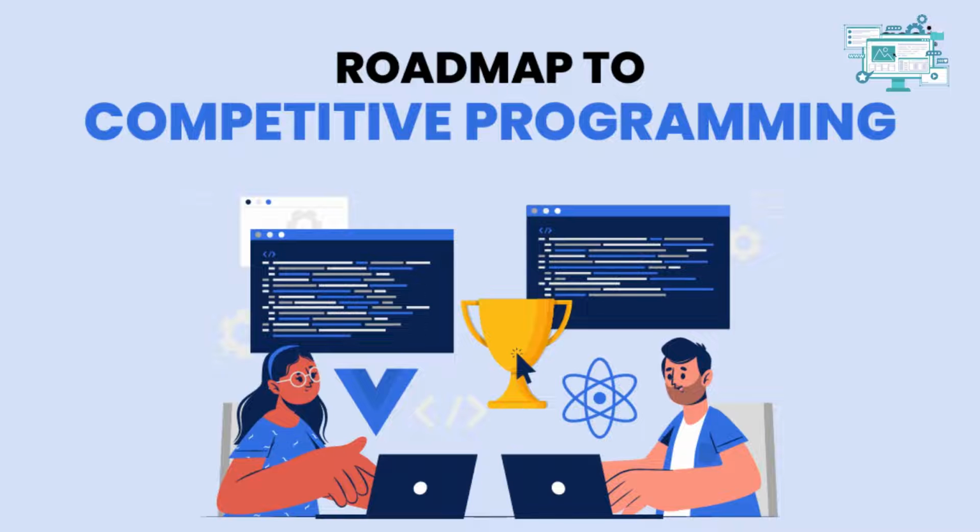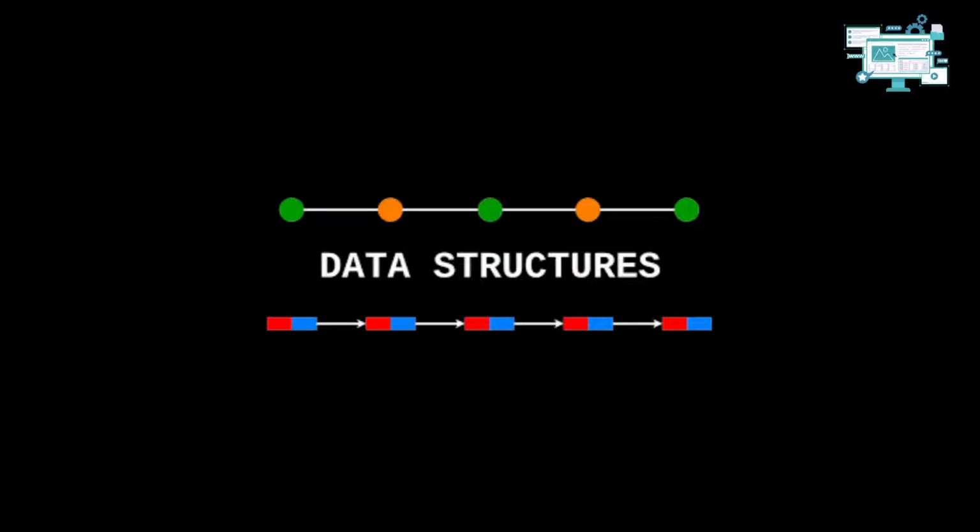Next, learn data structures and algorithms. Once you have learned the basics of your chosen programming language, it's time to study data structures and algorithms. Choosing the right data structure can make the difference between a brute force solution and an elegant one.